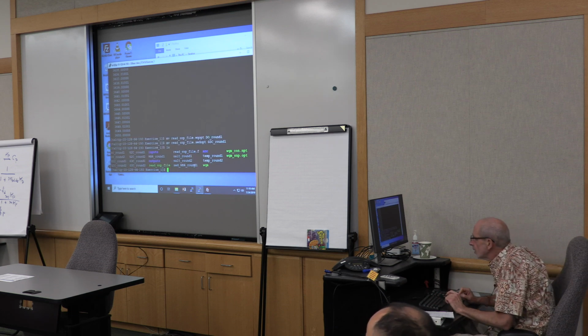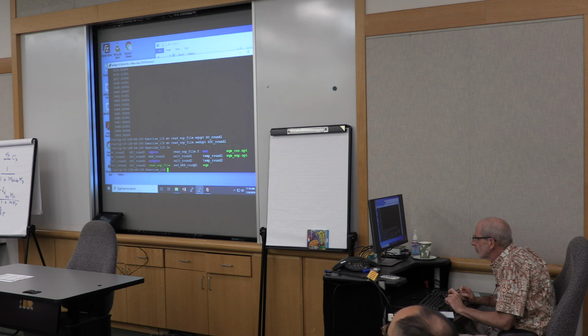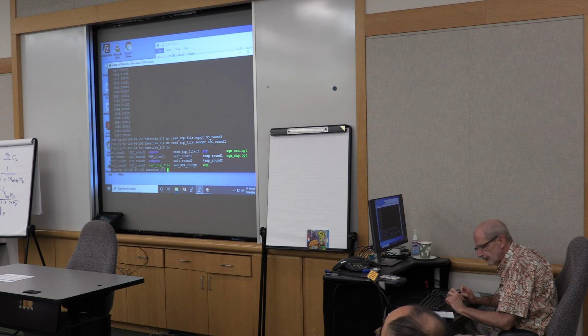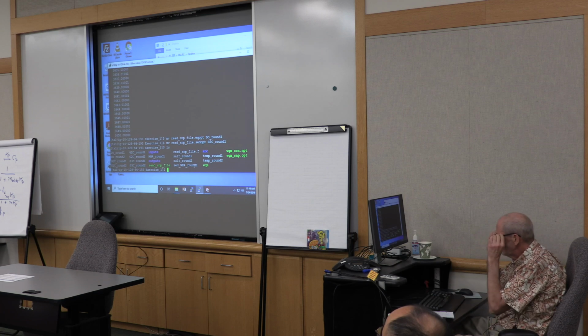So what do we got now? We got G1, G2, G3 carbon. We got DO. We've got salt. We've got temperature. Do we want to do any more? What the heck?